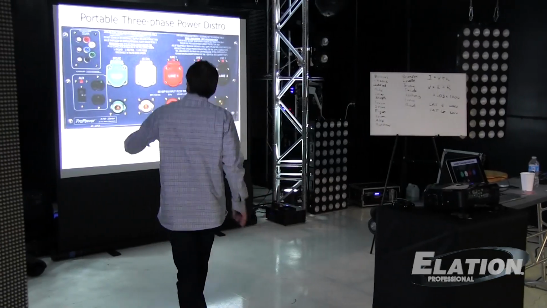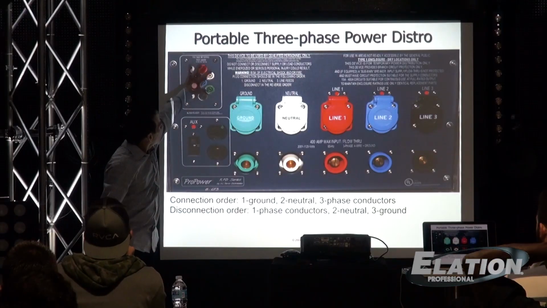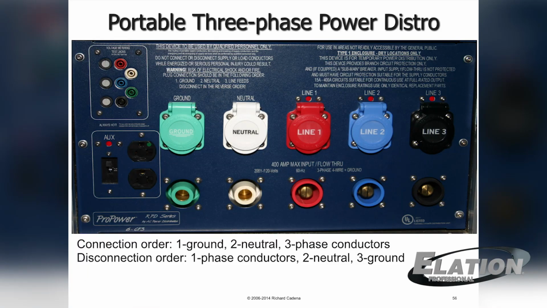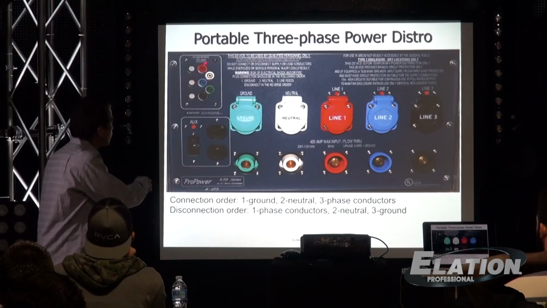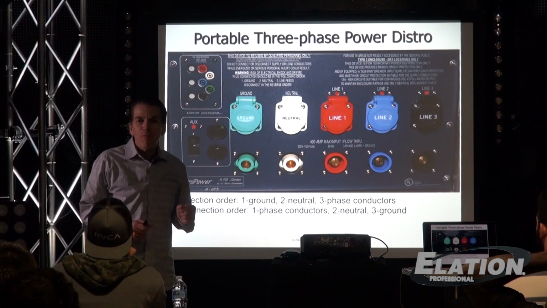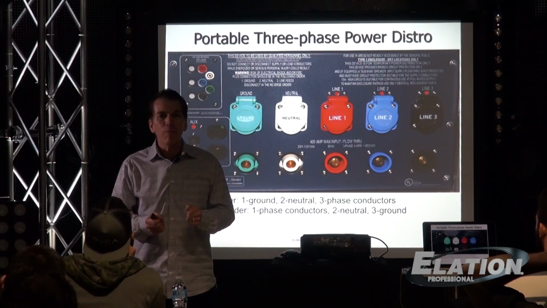Now, these have test ports. This is a portable power distro with test ports. Those ports are there for you to be able to meter the power before you energize your system, before you turn all the circuit breakers on.